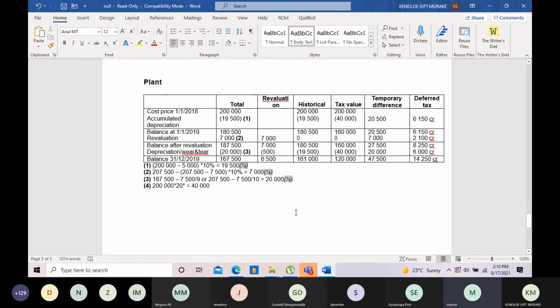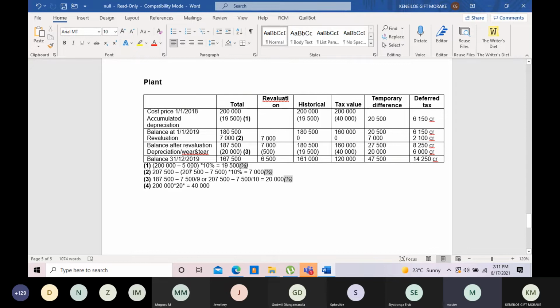Yes, so what you needed here was to get a depreciation for the gross replacement value. The 10% that you see here, I want to make this clear to you. It is not multiplying this 207,500.